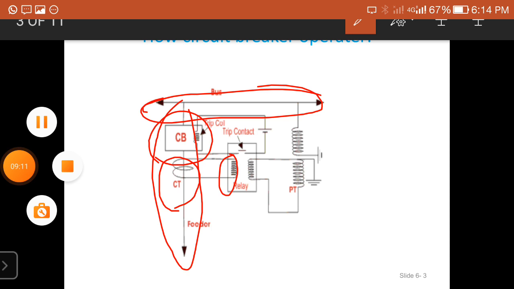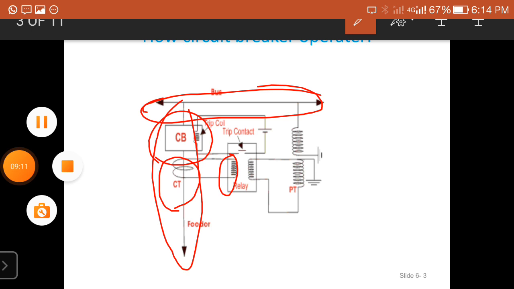MMF means the magnetomotive force. MMF is proportional to N into I, where N is the number of turns and I is the current. Suppose the current I is increased, automatically the MMF of this relay is increased.